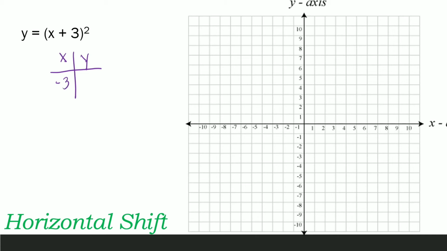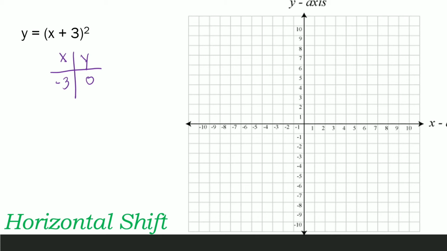So, negative 3, when we assign it to x, negative 3 plus 3. So, that would be 0. And then 0 squared is 0. Okay?